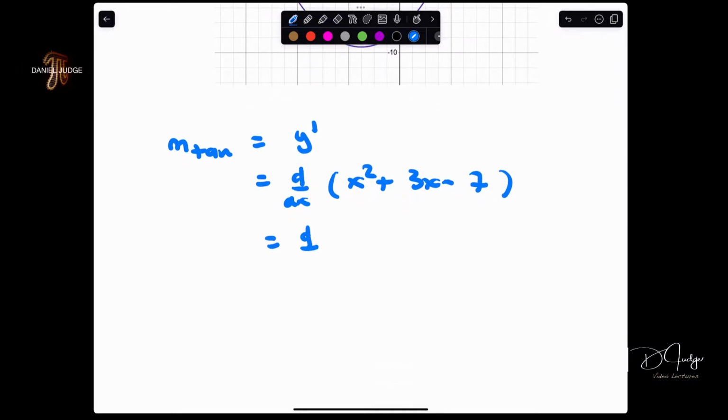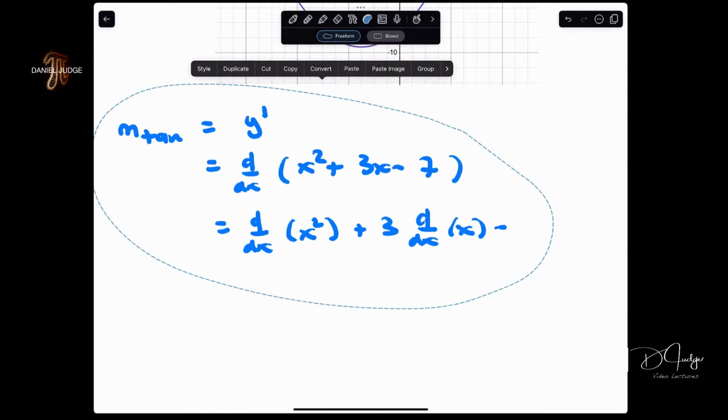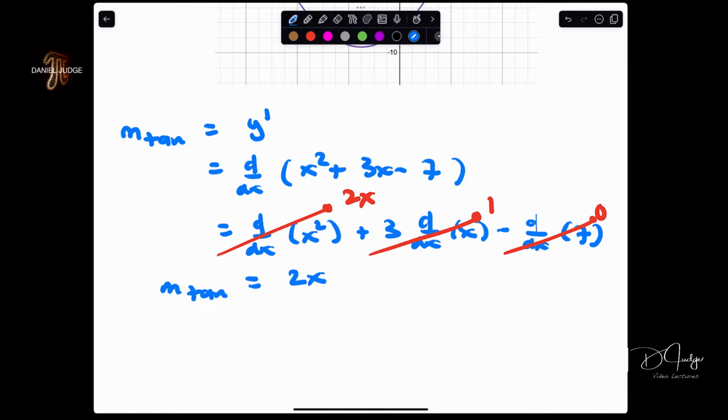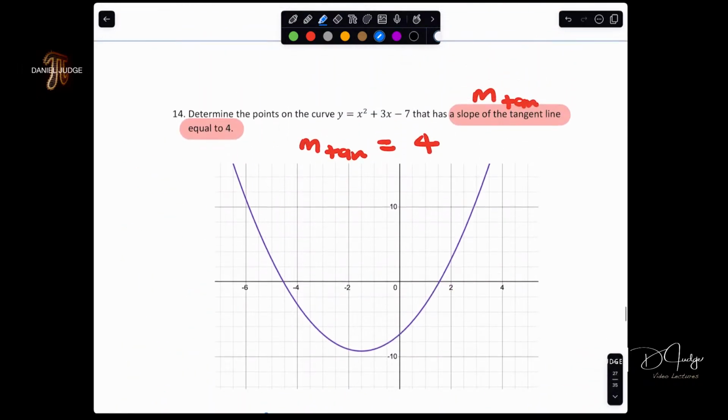So by properties, we get 2x, 1, 0. M tangent is 2x plus 3. So we're going to set this m tangent equal to 4. Okay?